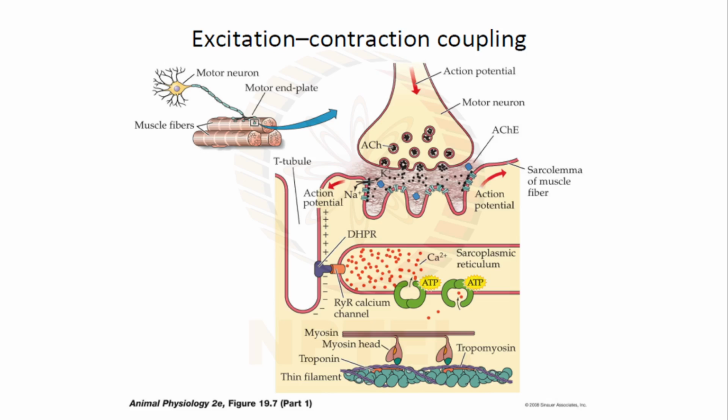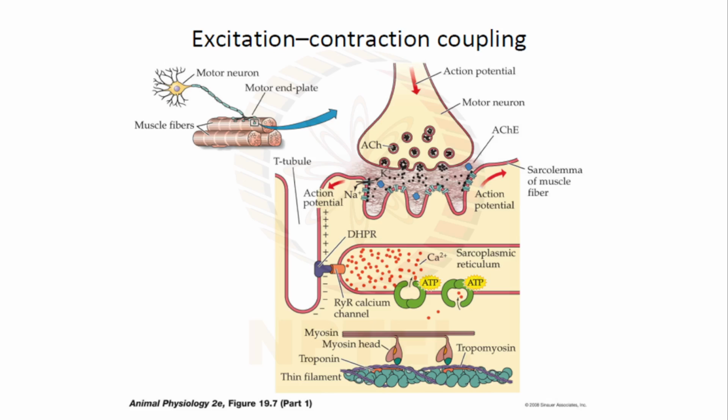Now how does the sarcomere come to know that it is the time to contract? What happens here is that the nerve endings present on the muscle fibers send a signal in the form of an action potential, which will then activate the acetylcholine granules present in the synaptic knob of these nerve endings.